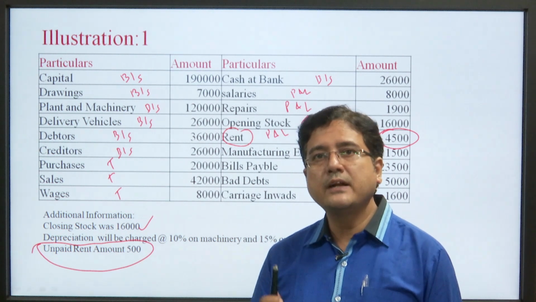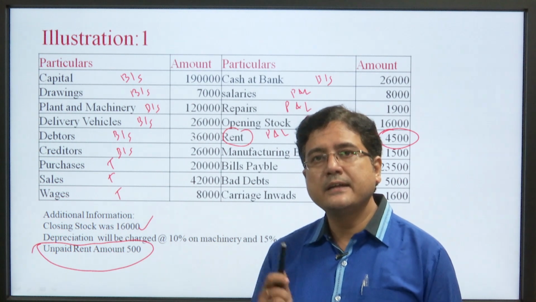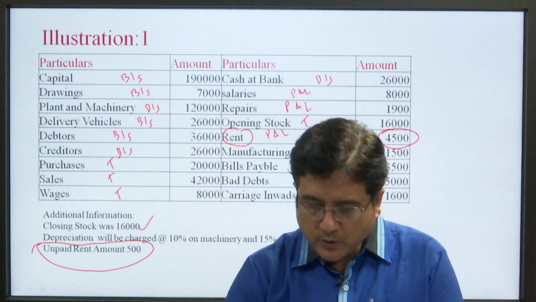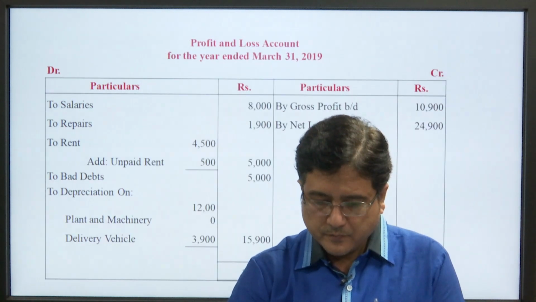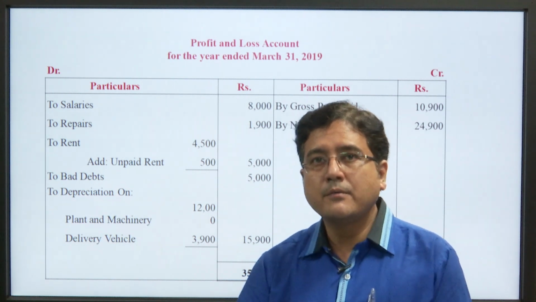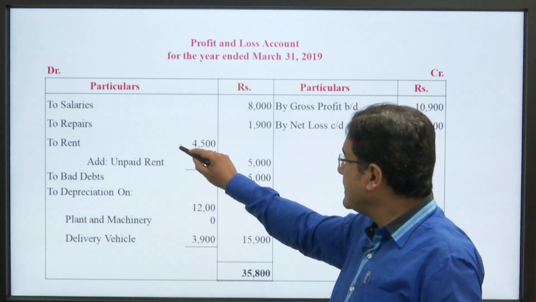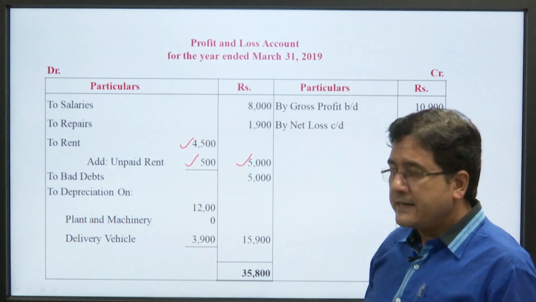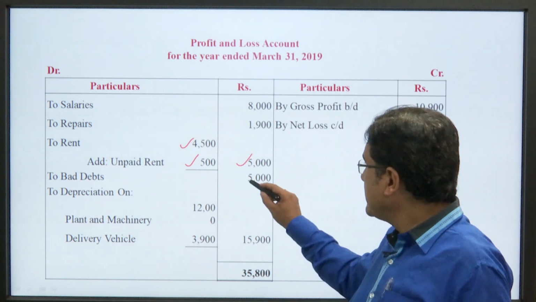So, I told you when there is outstanding we add it to the expenses. So, we add 500 also in the rent column. Now, my total rent is 4,500 plus 500, this is 5,000. Bad debts is given, so bad debts is 5,000 here.